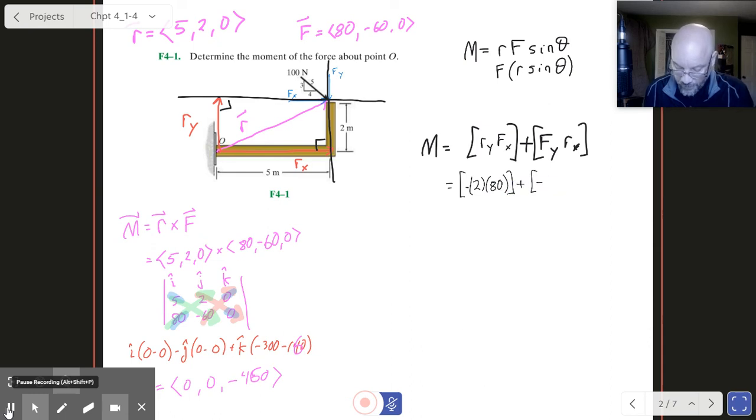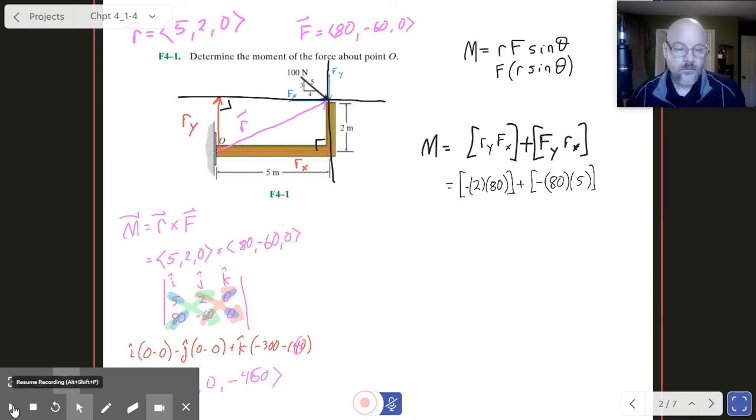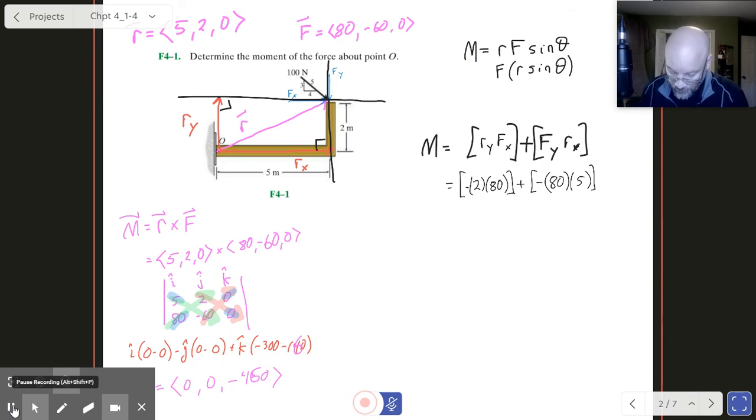Then we're going to get the other part. And I wrote it in reverse order there. Sorry, I hope that's not confusing. There's the 80 for Fy. And Rx is 5. Uh-oh, some of you caught that. I know you did.